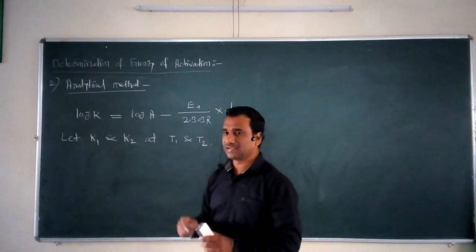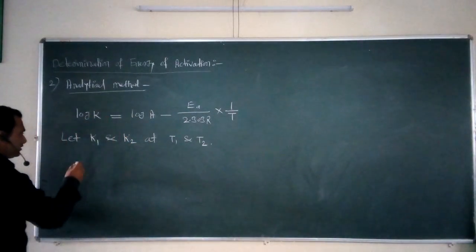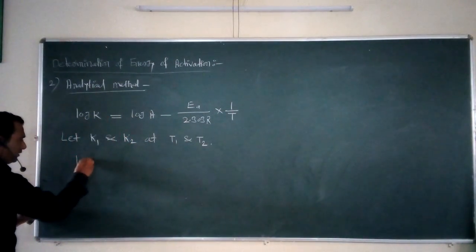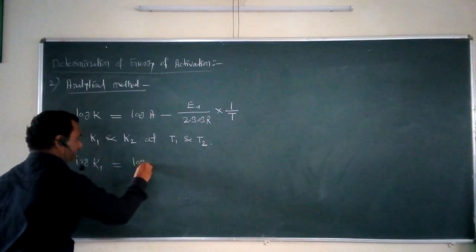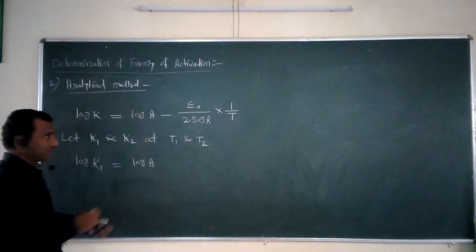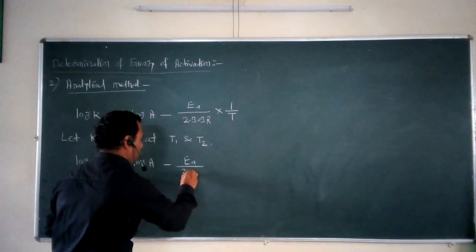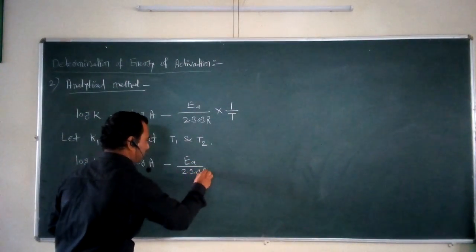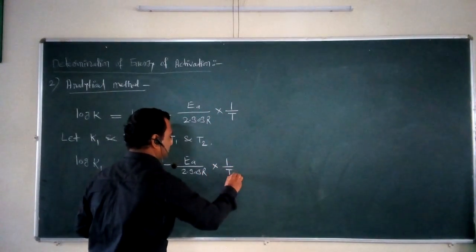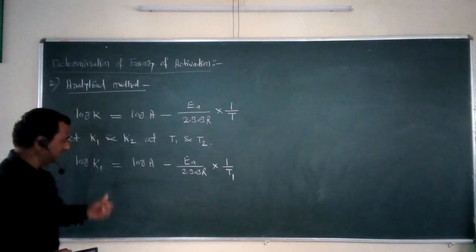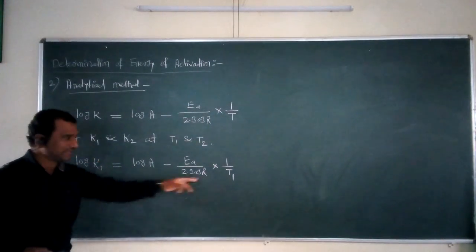If we substitute these two cases in the above equation, you get two different forms of the equation. First of all, log K1 = log A - Ea/(2.303 R) × (1/T1). Here we substituted K1, the first rate constant at temperature T1.